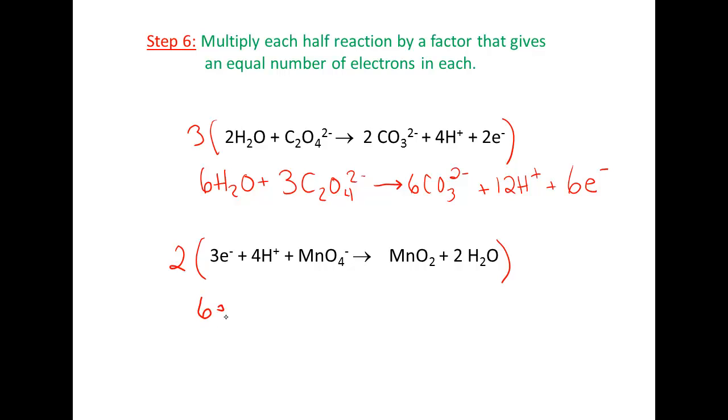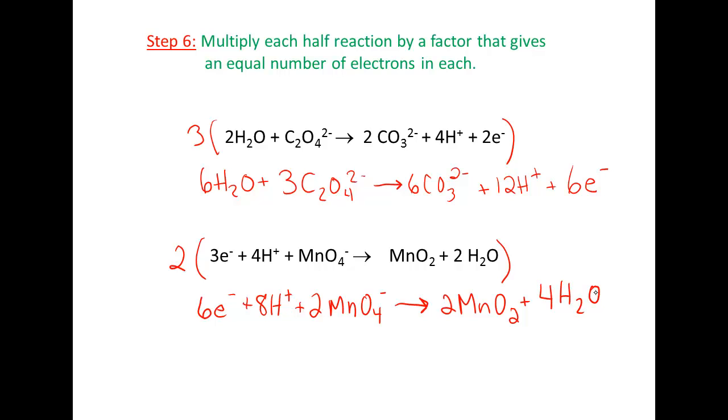So we have 6 electrons, 8 hydrogen ions, 2 permanganate ions, 2 MnO2 or manganese oxides, and 4 waters. So now we have 6 electrons and 6 electrons. This is what your goal is: to get those electrons the same number and on opposite sides of the equation.